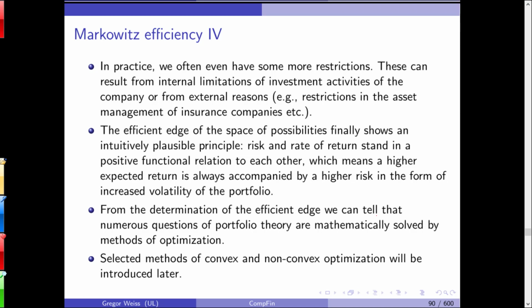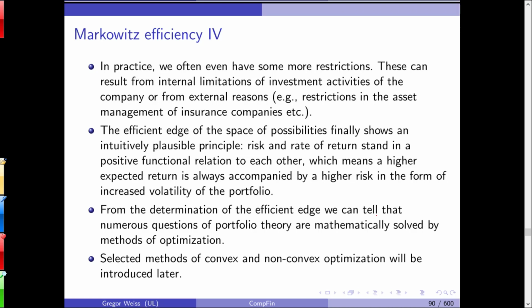In practice, in reality, this is a simplification and even an oversimplification. I only assume that I want to have a certain minimum expected return, and I now minimize my portfolio volatility. Problem is that obviously in practice I will have additional conditions and requirements I have to fulfill. For example, it could be that I have internal restrictions. I'm not allowed to invest in certain assets.